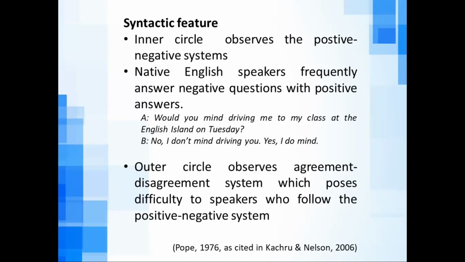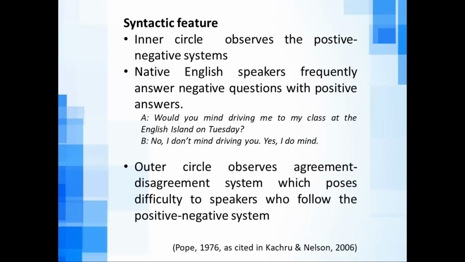On the other hand, the outer circle observes the agreement-disagreement system when questioning, which poses quite a difficulty to speakers who follow the positive-negative system, particularly in interpreting the yes or no of the response, unless it is followed by clarification, for example, yes, I think you're right, or no, that's not so.